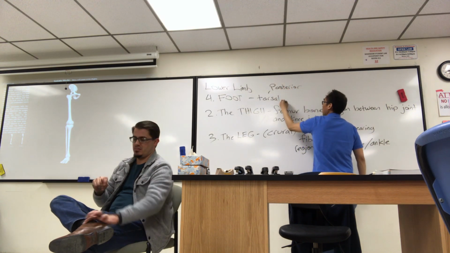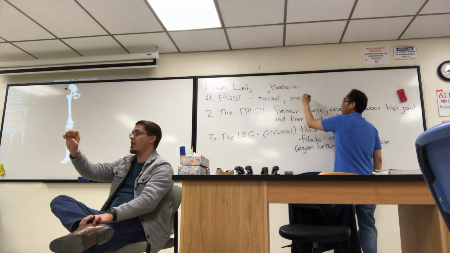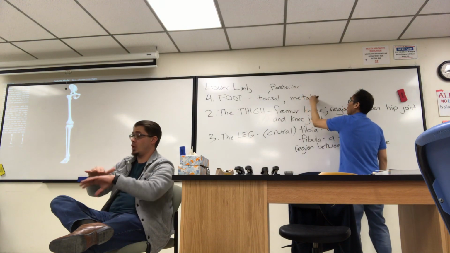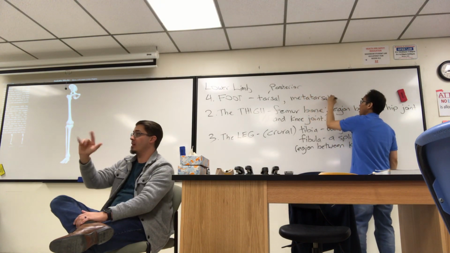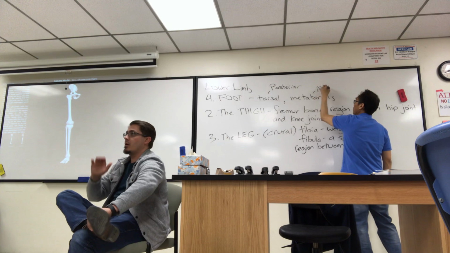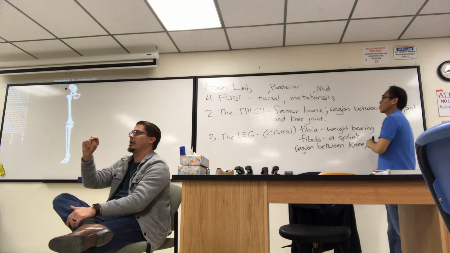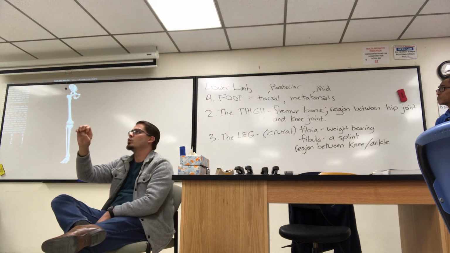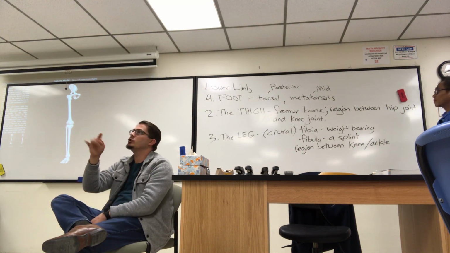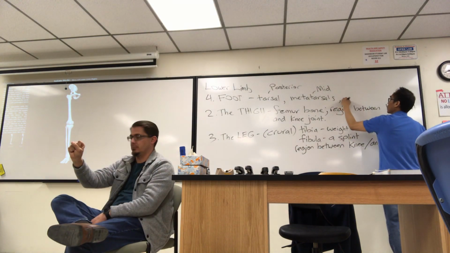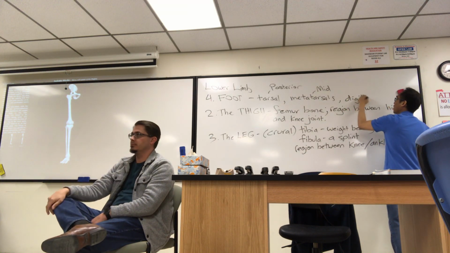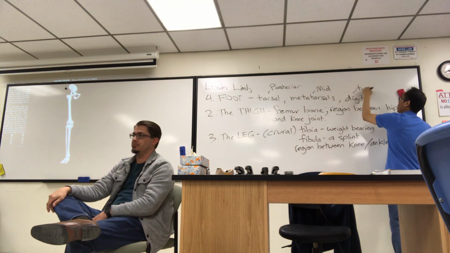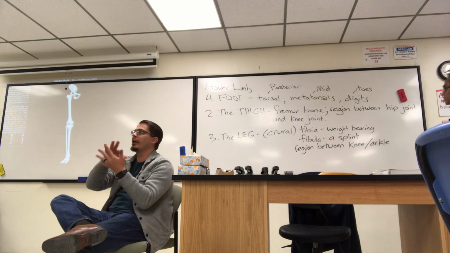The metatarsals, like your metacarpals, form the midfoot, the arch of your foot, and your toes are your digits. We call fingers and toes both digits in hands and feet.